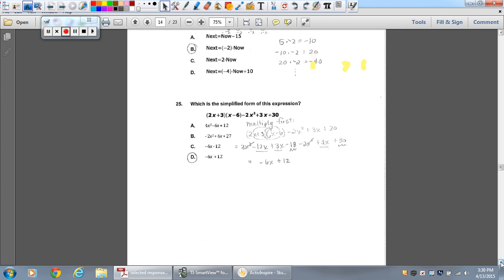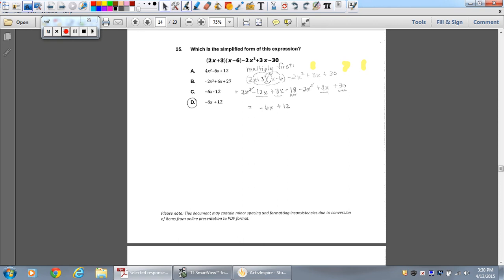Number 25, be careful with these, write these out. So I rewrote the original expression, and I had to do my multiplication first before I can do any addition or subtraction. So then I used FOIL, but you could use the box if you want.